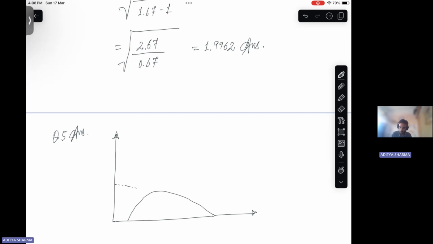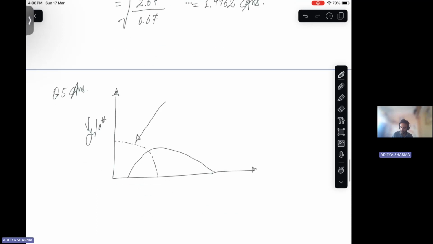In this quadrant, we will draw a quarter of a circle, and this quarter of circle is such that the Mach... this is our Vy by A star, and this is our Vx by A star, right? And this is our sonic circle, right?